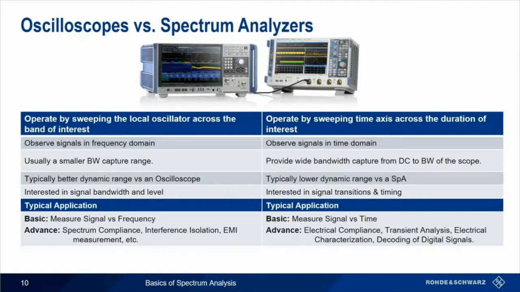Some of the advanced applications that you might do are electrical compliance testing on high-speed serial signals, transient analysis, electrical characterization, and decoding of digital signals, for example, decoding on an I2C bus. So that's a quick overview of oscilloscopes versus spectrum analyzers.